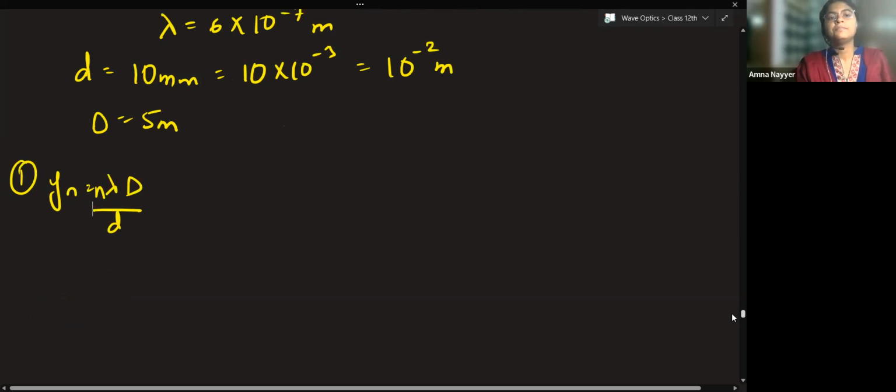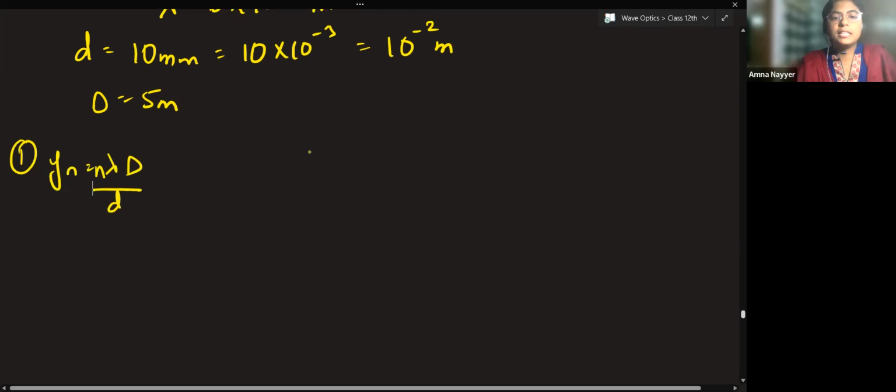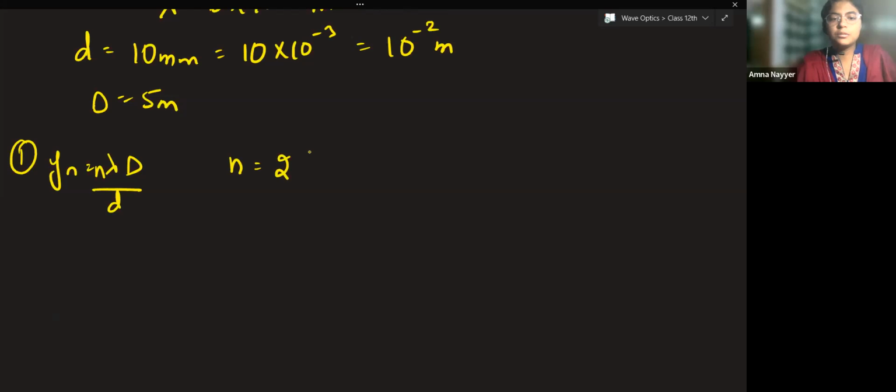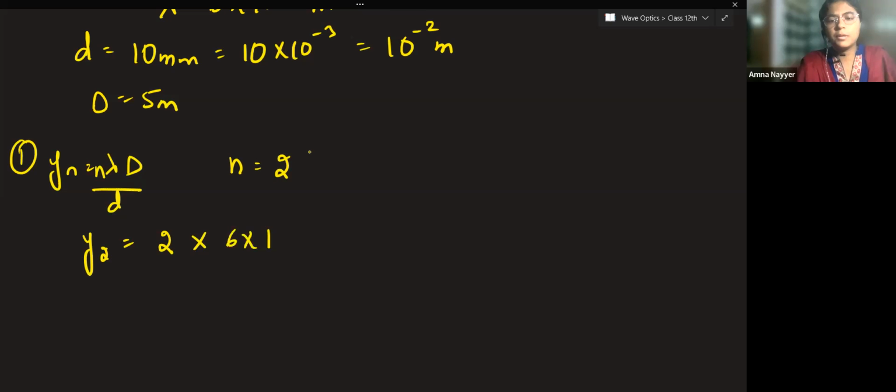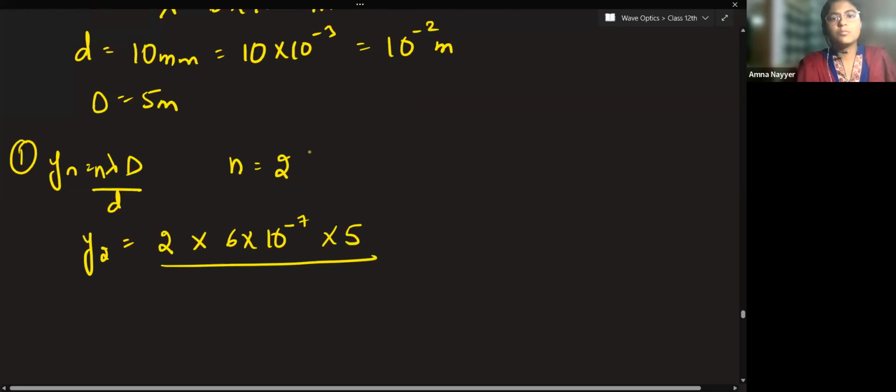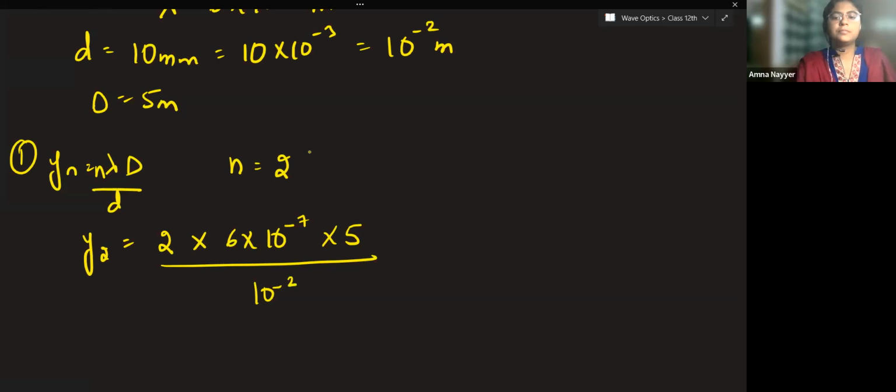Yes, so N is given as 2. So Y2 will become 2 lambda. What was lambda? 6 into 10 to the power minus 7. Capital D is 5, by small d, which is 10 to the power minus 2.